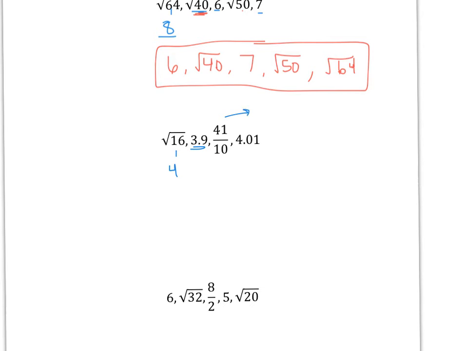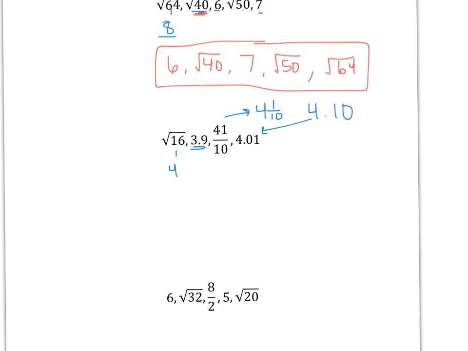If we change this fraction to a mixed number, 10 goes into 41 4 times, and there's 1 left over, and then 10 would be the remainder. And 1 over 10 as a decimal would be 0.1, because if you add up 10 of the 0.1s, that equals 1.0, which would be 1 whole. So this is 4.10, which then would be a little bit bigger than the 4.01.